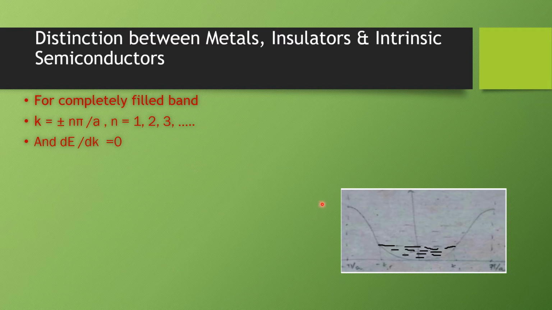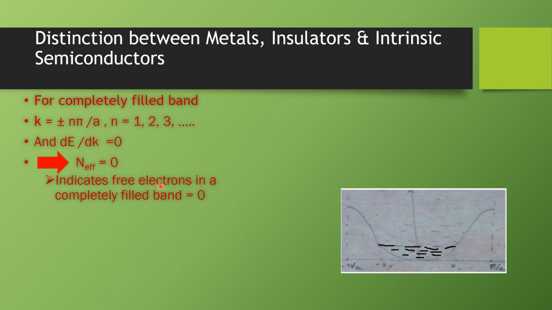That is, if this band is completely filled till, suppose, plus minus pi by a, then dE by dk, the slope of this curve here, becomes 0, as the energy becomes constant here. Therefore, from the equation that we have derived for N effective, N effective is equal to 0. This indicates that the free electrons in a completely filled band is 0.